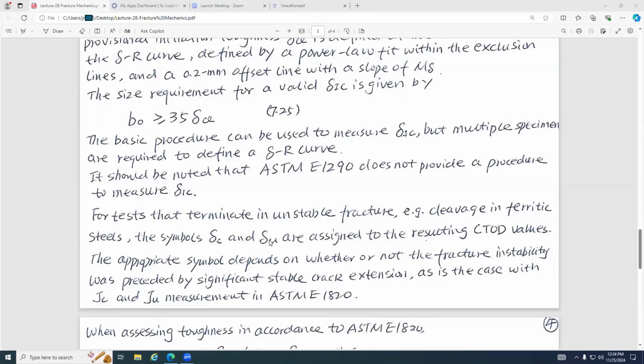We talk about the JU here. The JU means the J value at the fracture instability, and delta U is also designated as the CTOD value at the fracture instability.